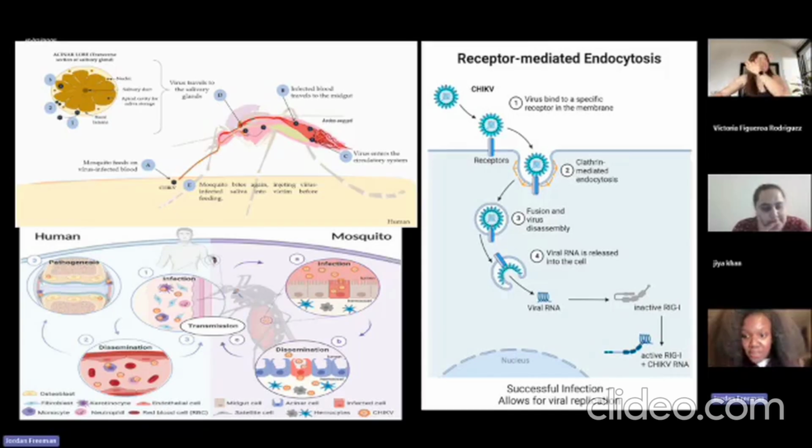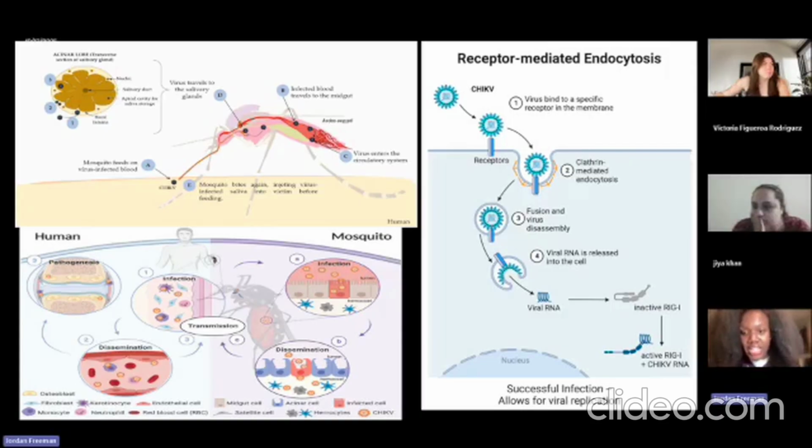The virus enters the mosquito midgut with the blood meal and replicates there. It spreads from the midgut to the mosquito's body cavity and salivary glands. Now the mosquito saliva contains the virus, and it is ready to be transmitted to another person.